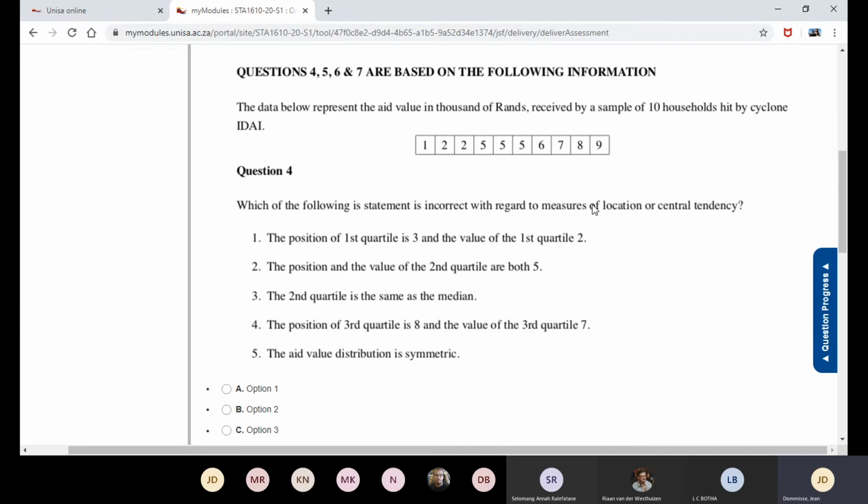If we see location or central tendency, what do we know? What are the measures that we look at? Mode, mean and median. So those three that we look at, measures of location or central tendency, are mean, median, and mode.